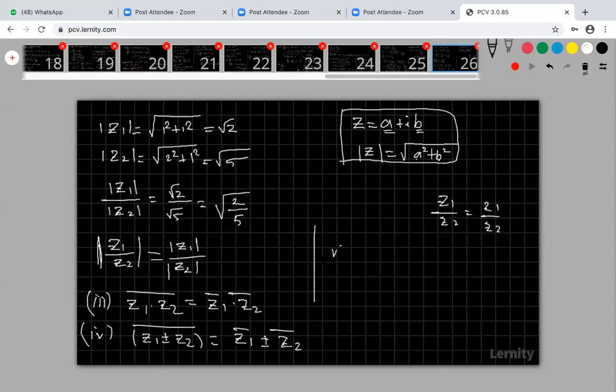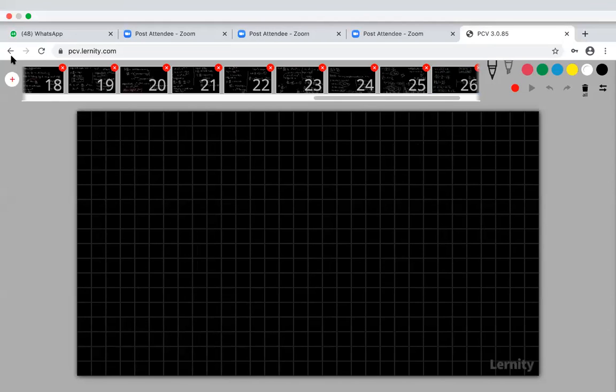And the fifth one, Z1 by Z2, the whole conjugate. After dividing two complex numbers, take a conjugate. That is equal to taking the conjugate separately and then dividing. That is also same. Here Z2 is not equal to 0. Okay, right. So these things we have discussed in our previous class. We'll discuss some more problems and then we'll go to the Argand plane. Conjugate also we have explained in our previous class.